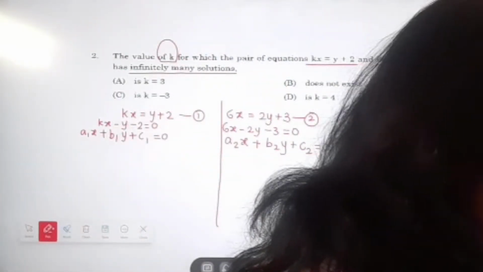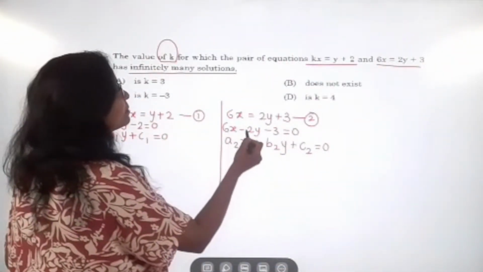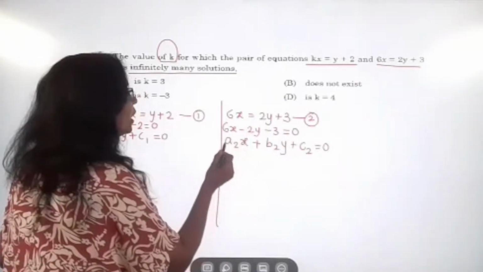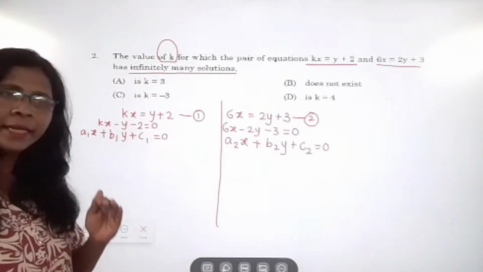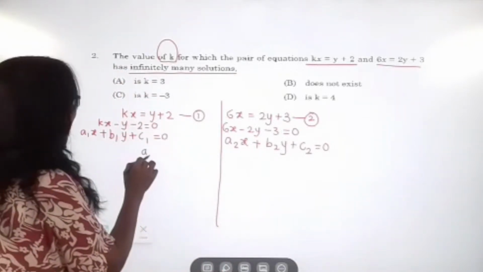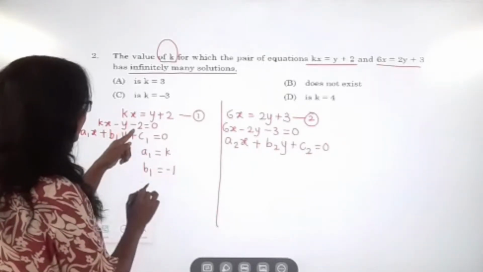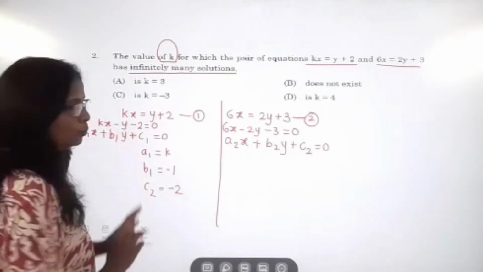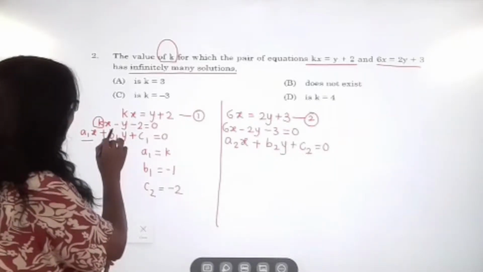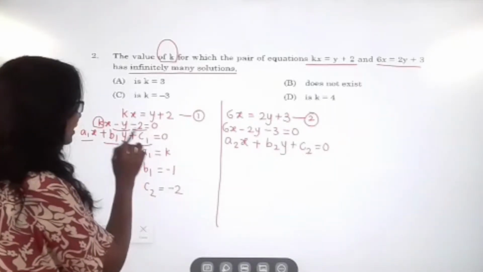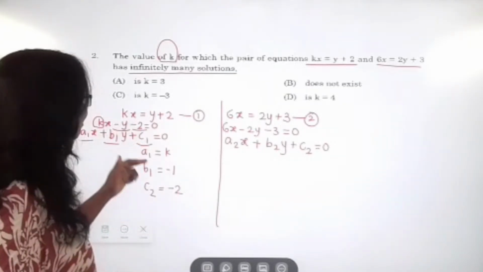Then here students we get a1 is equal to k, b1 is equal to minus 1, c1 is equal to minus 2. Okay, because at the place of a1 there is k, at the place of b1 there is minus 1, and at the place of c1 there is minus 2, and that's why a1, b1, c1 are respectively k, minus 1, minus 2.